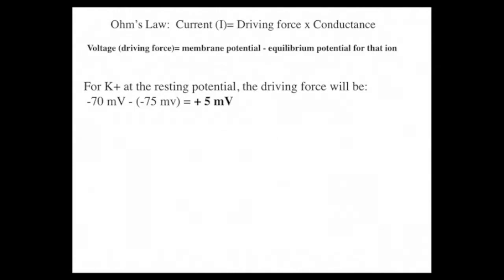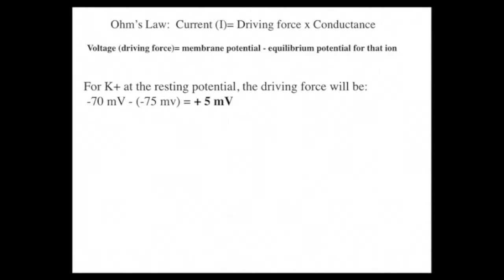However, the cell is very negative on the inside, which is holding the positive potassium charges inside. However, the concentration force is just slightly greater than the electrical force, and that difference is plus 5 millivolts. Thus, the concentration force tends to drive a little bit of potassium out, the driving force being plus 5 millivolts.